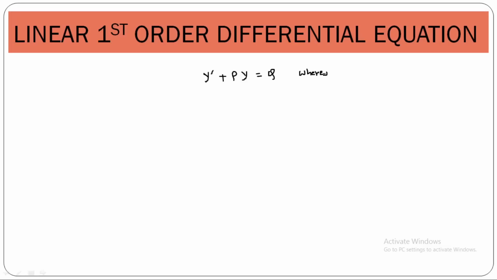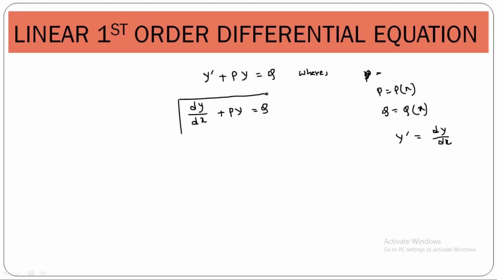You can write that p is a function of x, as well as q is also a function of x. And here this y' is nothing but dy/dx. So if you want, you can write it in this way also: dy/dx + py = q.